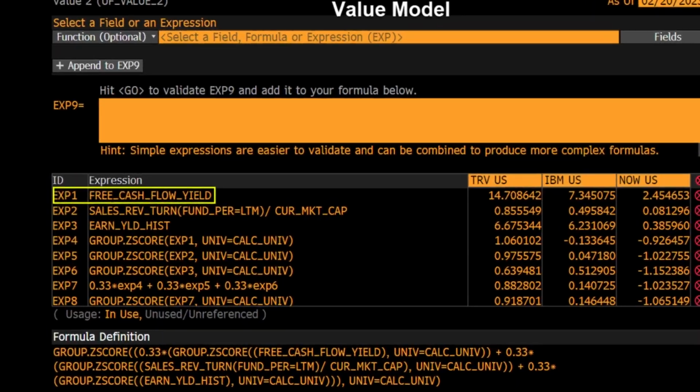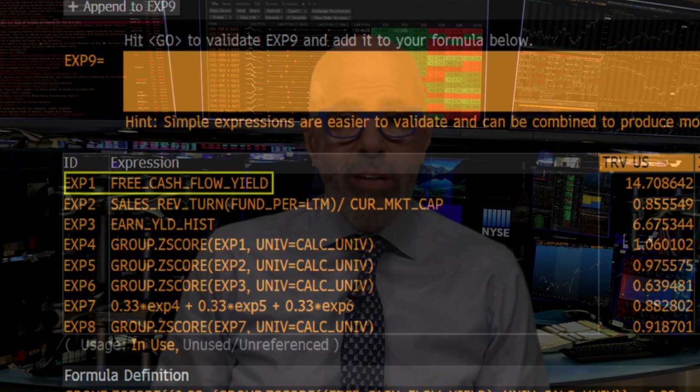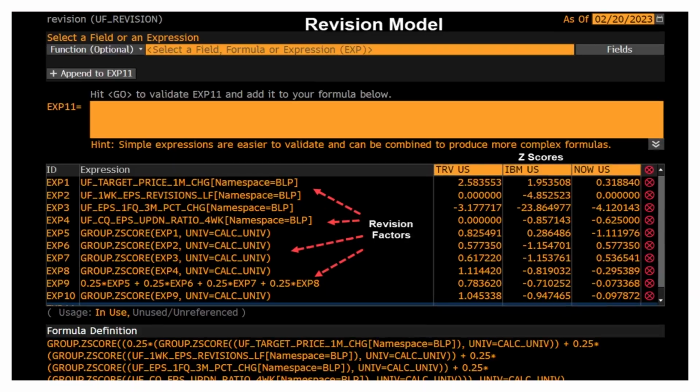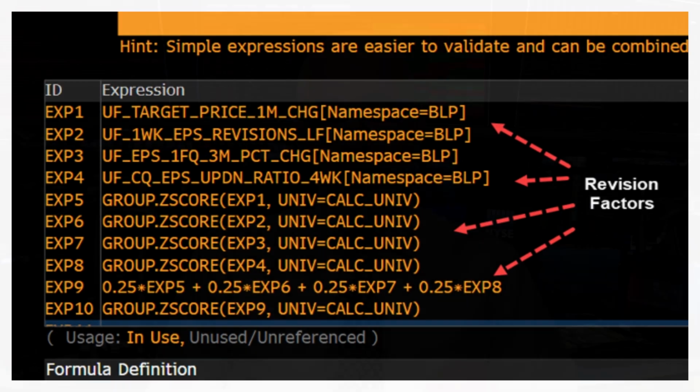As an example, a value bucket might contain several factors, including free cash flow yield, earnings yield, enterprise value to EBITDA, etc. My revision bucket could include earnings estimate revisions for the quarter, the year, over different time periods, 1 week, 4 weeks, or quarterly. The backtesting of these combinations is again a meticulous, time-consuming process. And all of this needs to be completed before going on to the next stage.